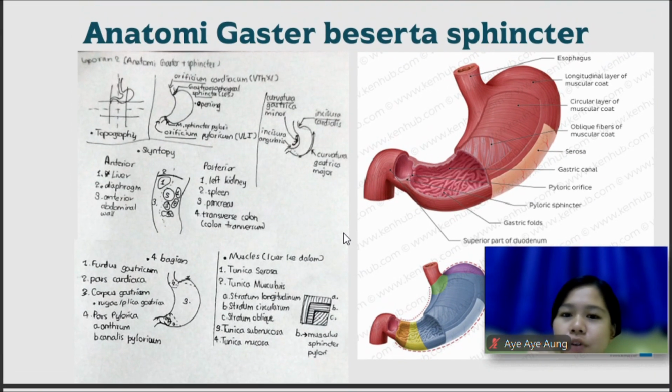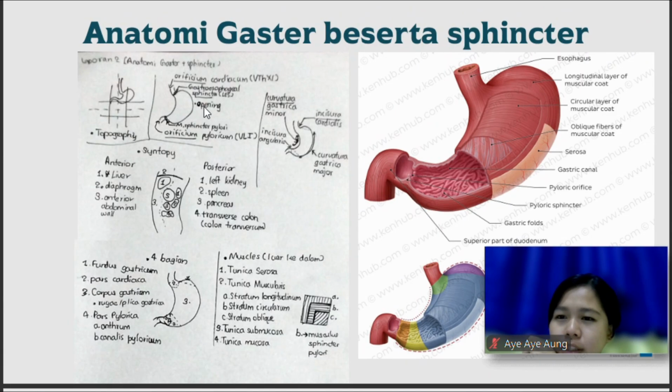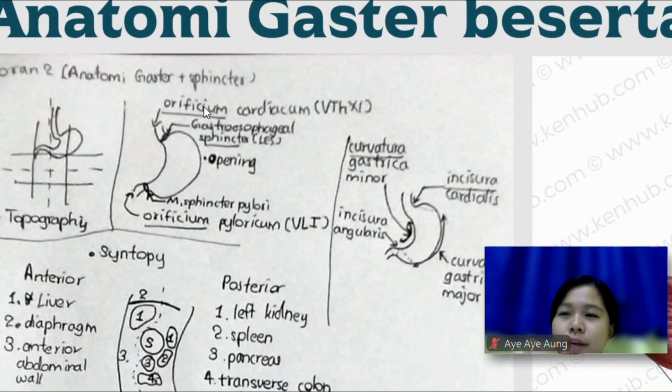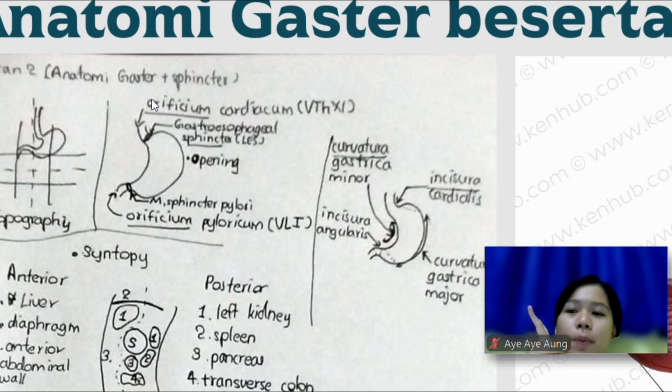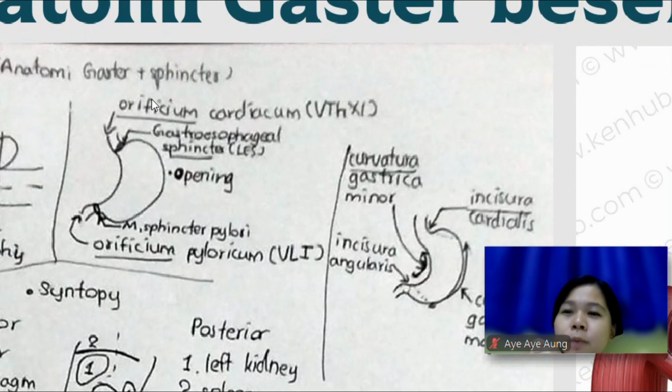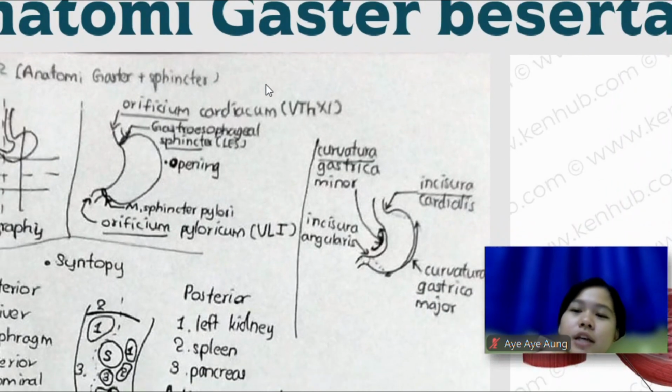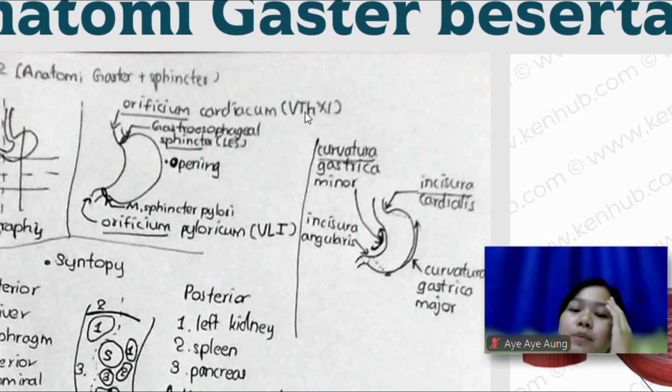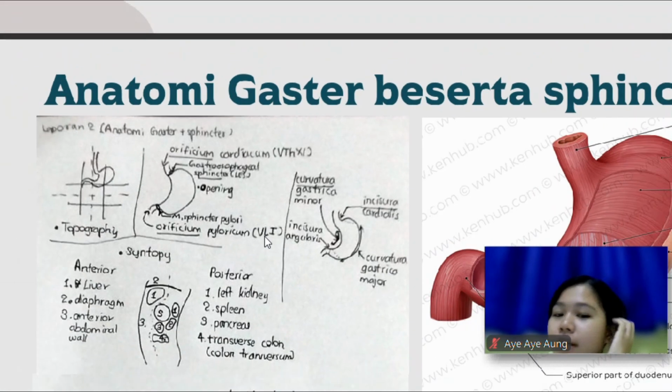Okay, now we move on to the openings. We have two openings at the stomach, which is the orificium cardiacum, which is at the level of thoracic vertebrae number 11, and also orificium pyloricum, which is at the level of lumbar vertebrae 1.